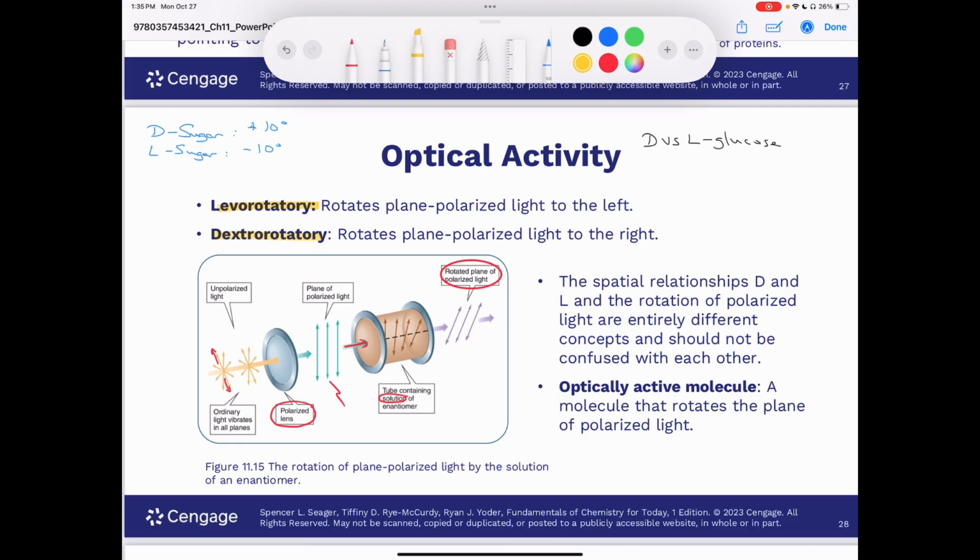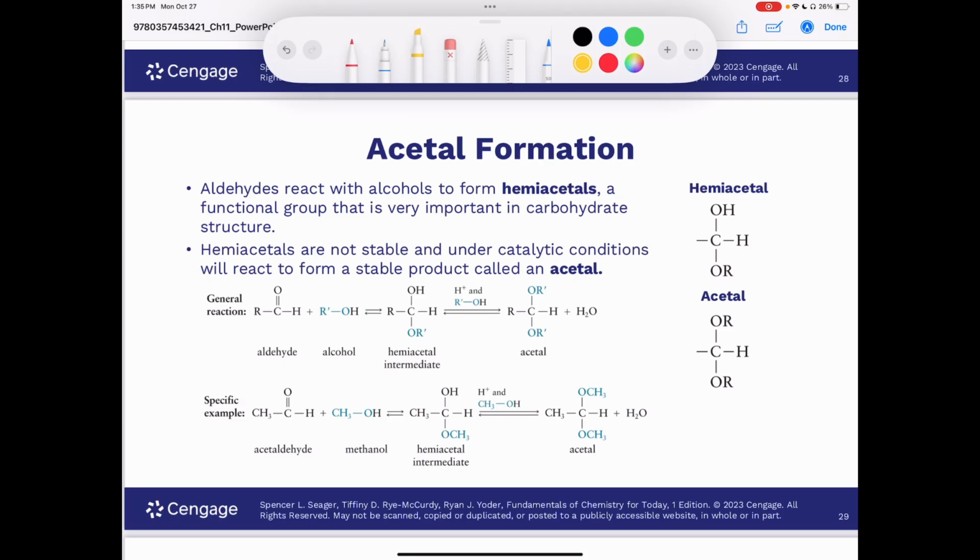Just because a molecule is a D sugar does not mean it's going to rotate plane polarized light to the right. It might rotate it to the right, it might rotate it to the left. The only way to know is to test it. When we talk about optically active molecules, we're talking about molecules that rotate plane polarized light. So again, this is one of the few ways we have to distinguish between enantiomers.